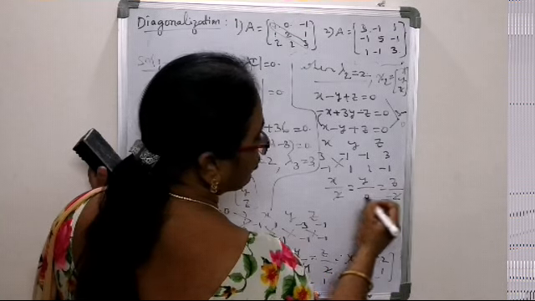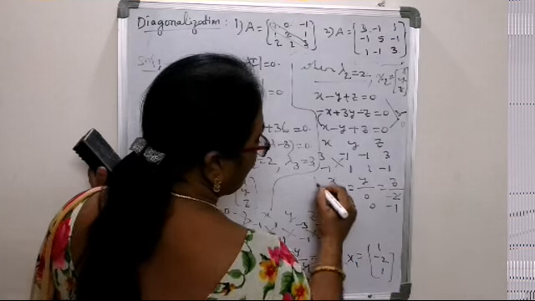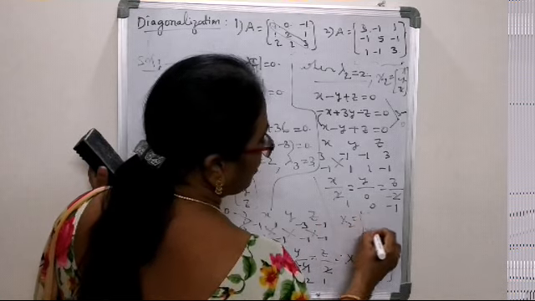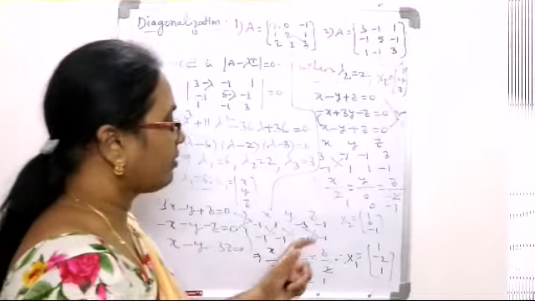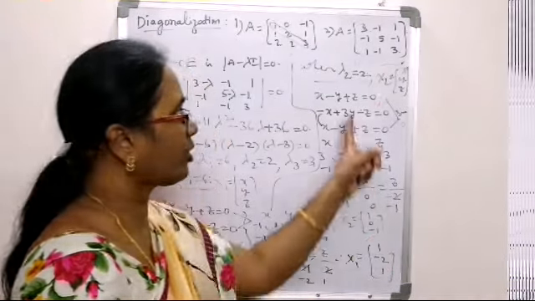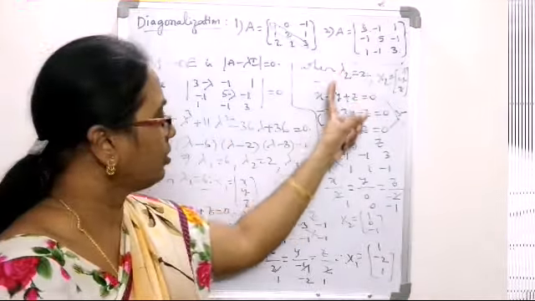Cancelling these 2, we have 1, 0, minus 1, and the second eigenvector is (1, 0, minus 1) corresponding to the second eigenvalue.